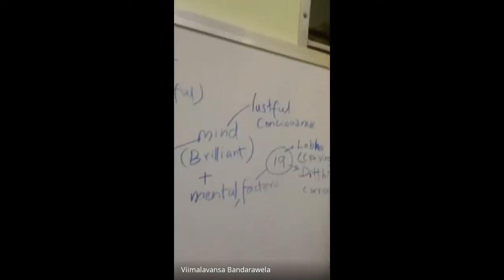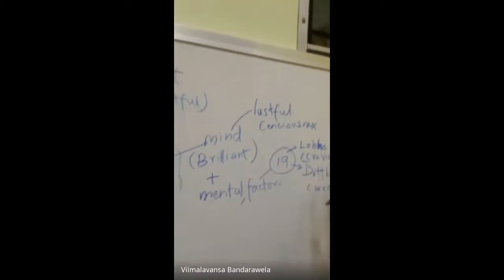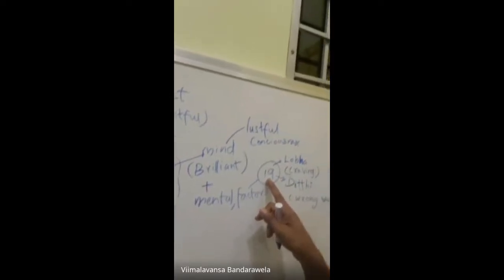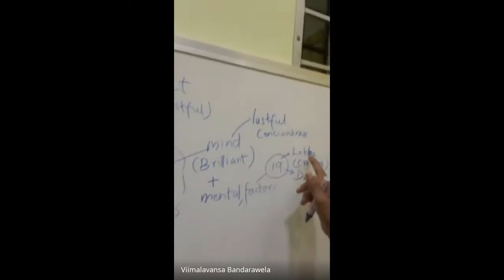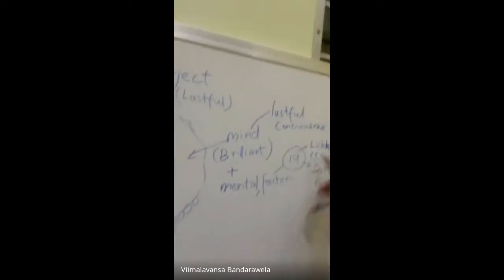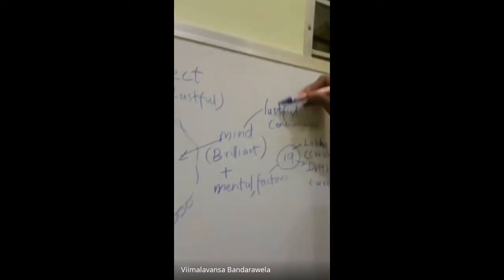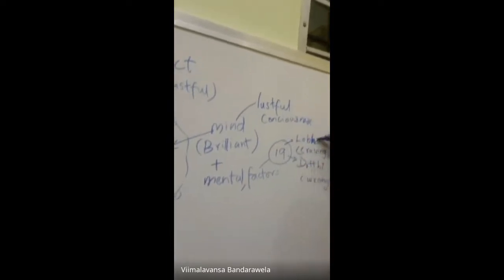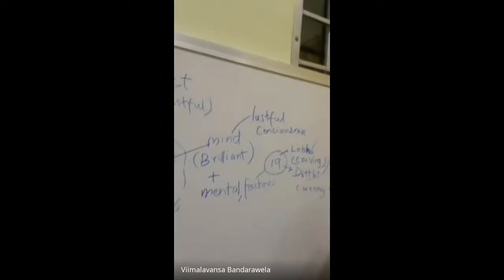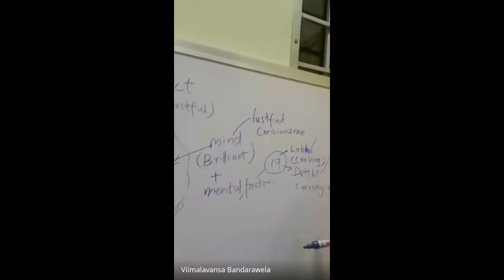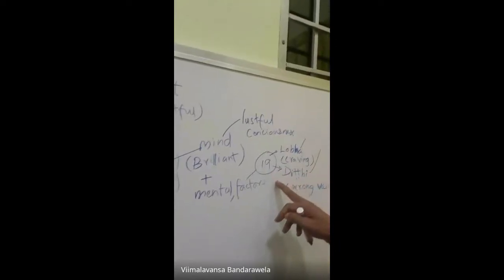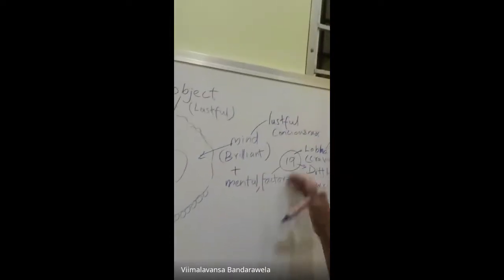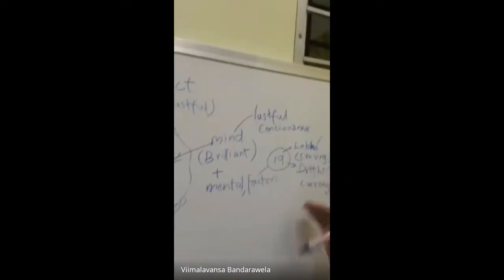Only these two I have written down, but again you have the rest, 17. Lobha and ditti are the main ones, plus other 17 mental factors, for example passa, vedana, sanya, chetana. We are studying those things in the near future, right?